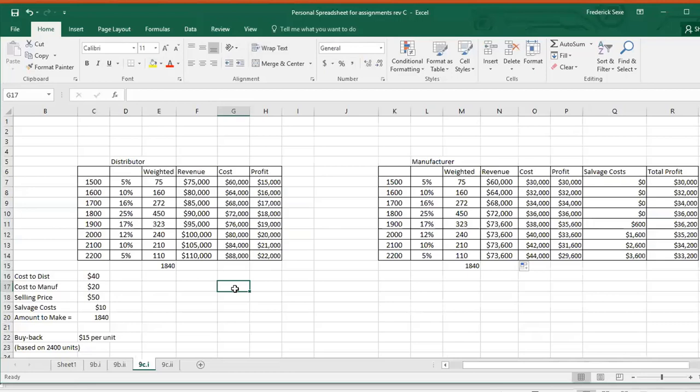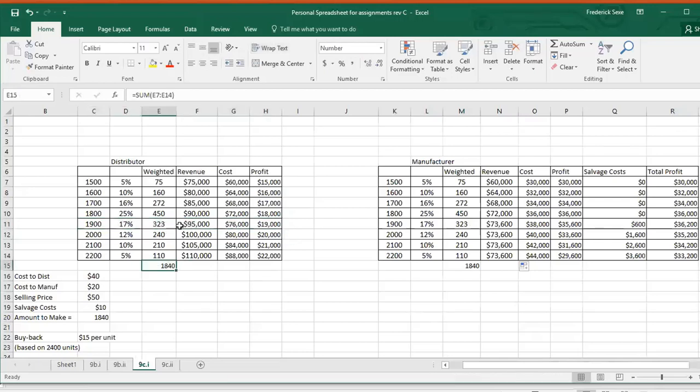Very important to remember. So whatever you determine for here, well, actually, it doesn't really matter what happens here, because whatever the manufacturer makes, the distributor will only be able to sell up to what the manufacturer sells them.